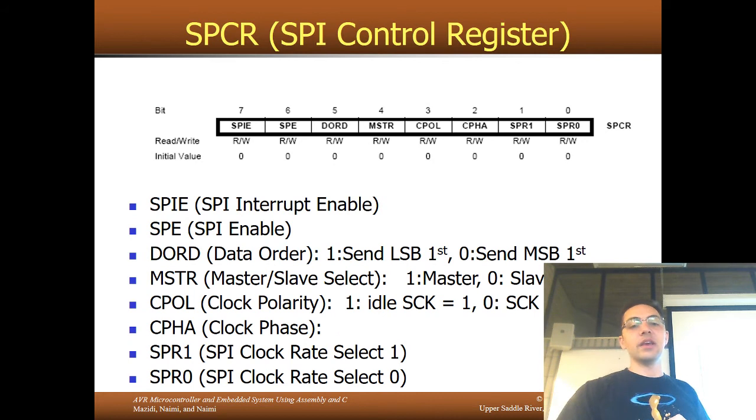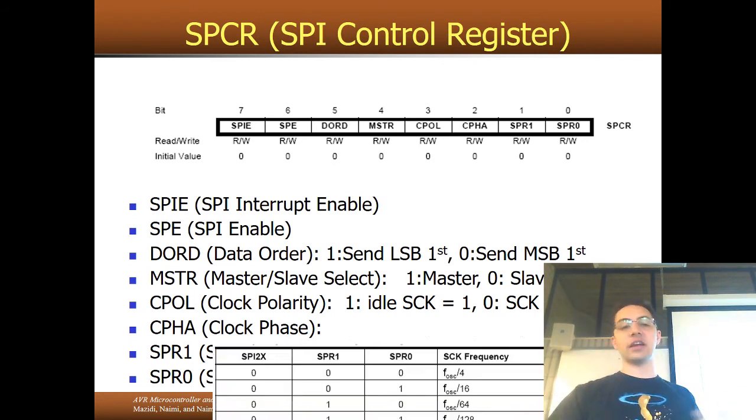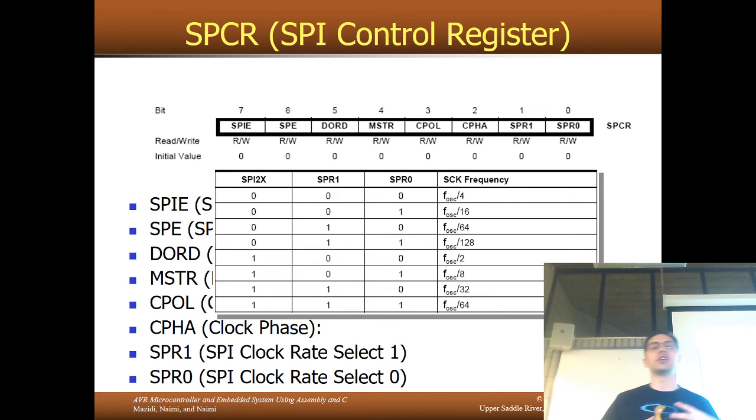Okay, next is the clock rate select bits. And actually, these clock rate select bits are also used in conjunction with that 2x bit from the previous register, the status register. Unlike the very fine-grained controls we have with UART, we don't have quite as fine a grain control here. It's very similar to the ADC, and we have just a few dividers we can choose from.